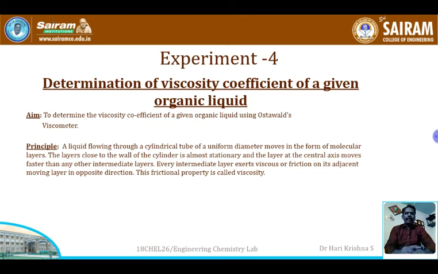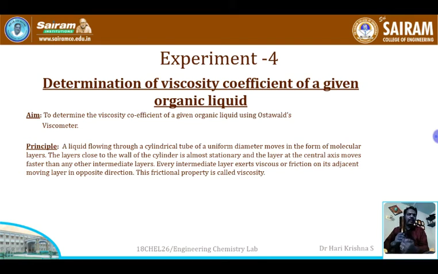You know that liquid takes the shape of the container. If you take a cylindrical vessel or a bottle and open the lid, water flows in the form of layers. Each and every layer wants to come out first, so each layer will offer friction to the immediate layer.